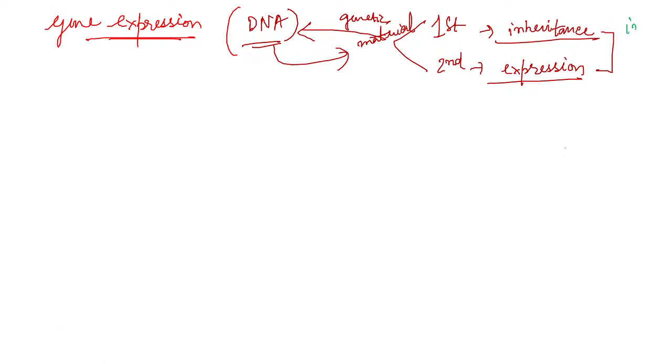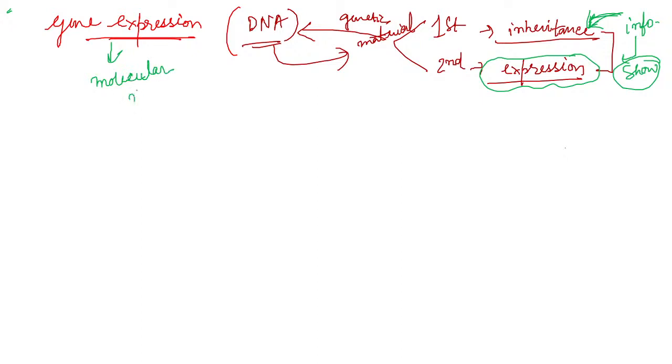Some information was present when there was the transfer of the character. Now it's time to express this information, to show this information. When there is a show of the information, that is known as gene expression, or gene expression can also be termed as a molecular mechanism.